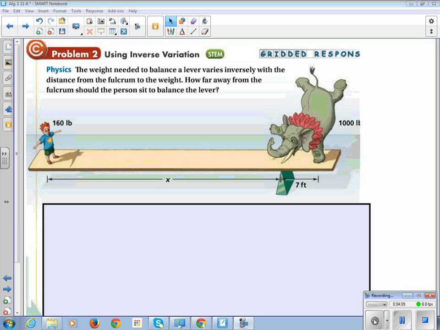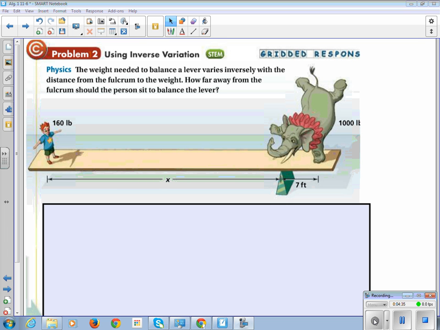All right, so let's look at how we would use this. In physics, the weight needed to balance a lever varies inversely with the distance from the fulcrum. The fulcrum is the point that you're balancing on. How far away from the fulcrum should the person sit to balance the lever? This guy weighs 160 pounds.